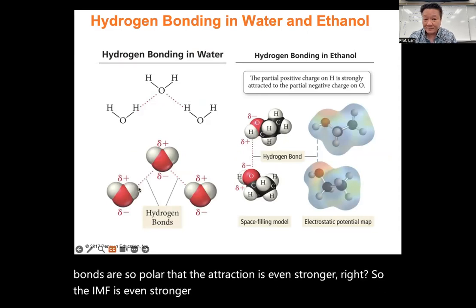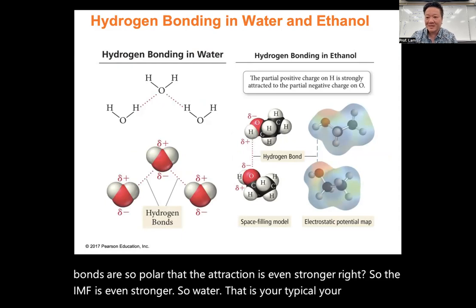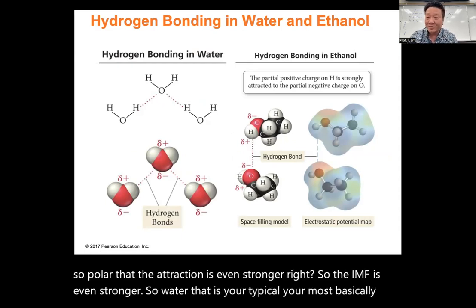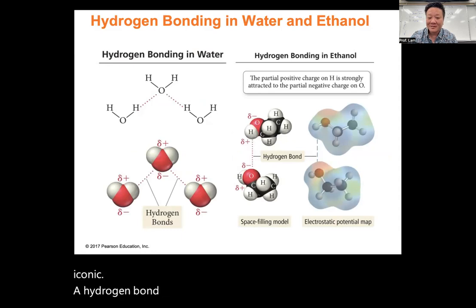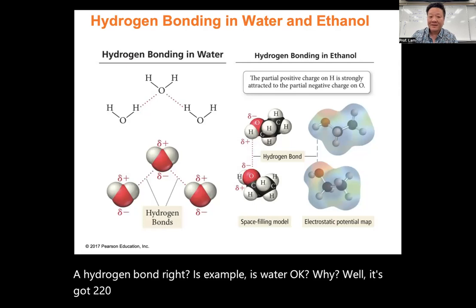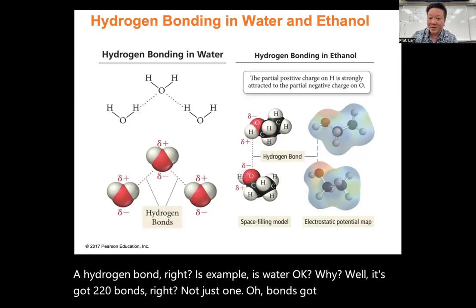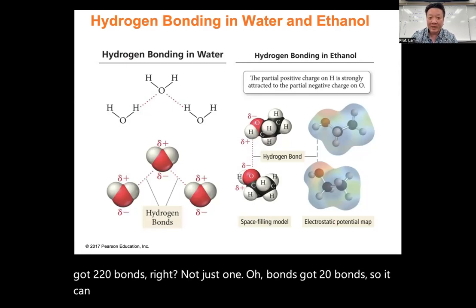So water is your most iconic hydrogen bonding example. Why? Well, it's got two OH bonds, not just one, so it can do hydrogen bonding in multiple directions.